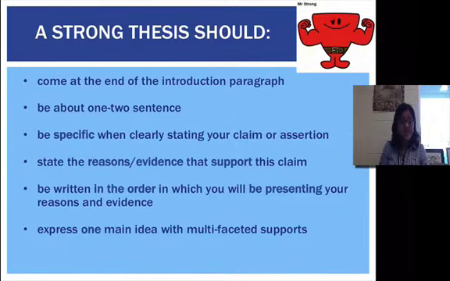It should state the reasons or evidence that support your claim, alluding to the reasons and evidence you're going to flesh out in your paper. The thesis statement should be written in the order in which you will be presenting your reasons and evidence. You want to have a logical sequence to your paper, and so your thesis should reflect that. And a thesis statement expresses one main idea with multifaceted supports.